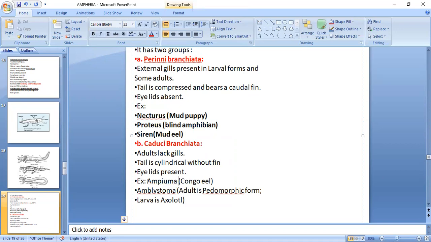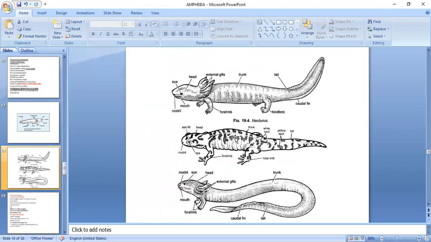Amphiuma, commonly called Congo eel, ఇది గుర్తుంచుకోవాలి, బై హార్ట్ చేయాలి. ఓకే, సో దెన్ అంబ్లిస్టోమా టైగ్రినం. సో దాని డయాగ్రామ్ కింద ఉంచాను మీకు. So this is Ambystoma tigrinum.